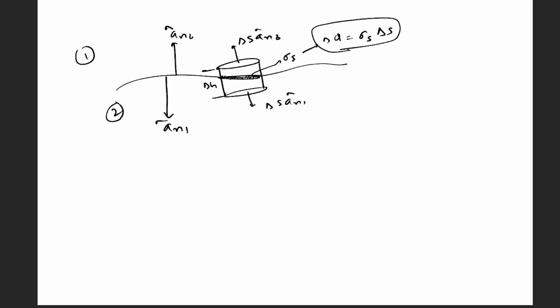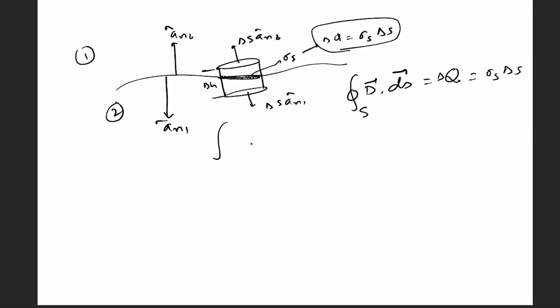So using Gauss law in integral form, D dot ds along this surface S is going to give the total charge enclosed, which is equal to sigma_s delta s.